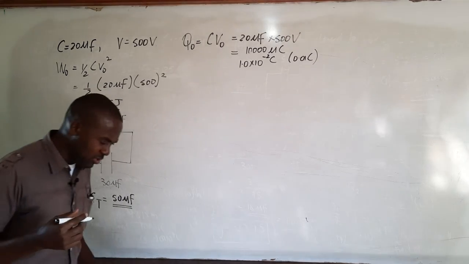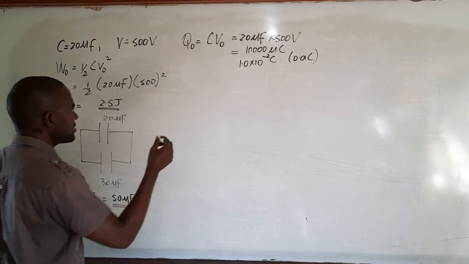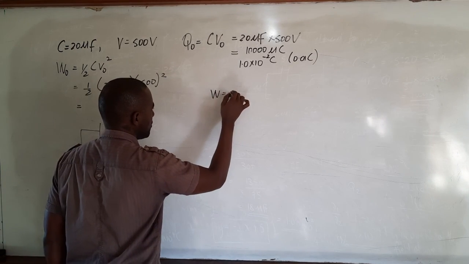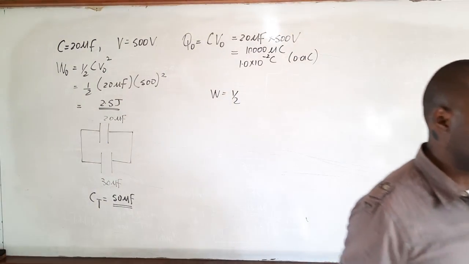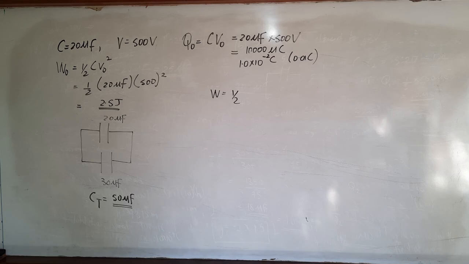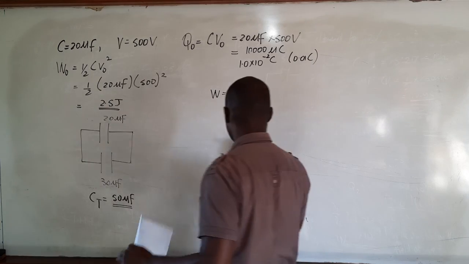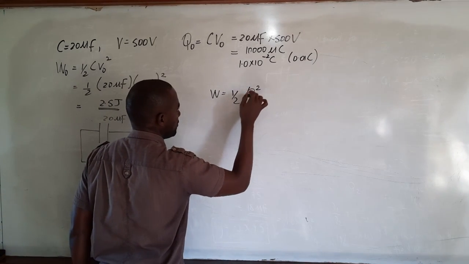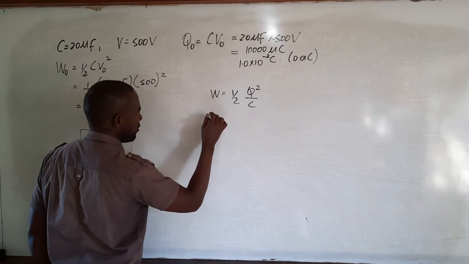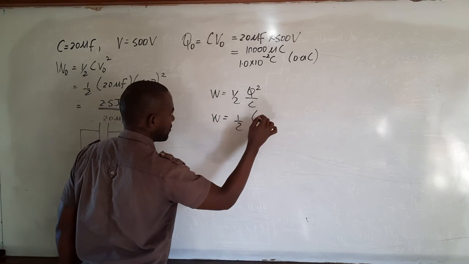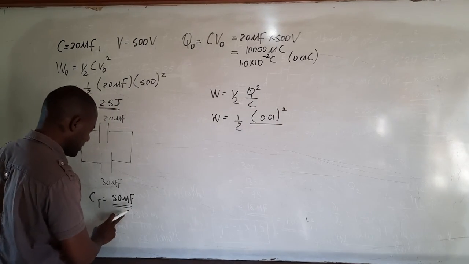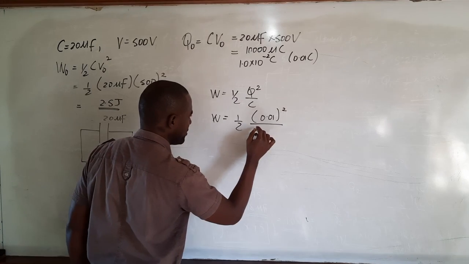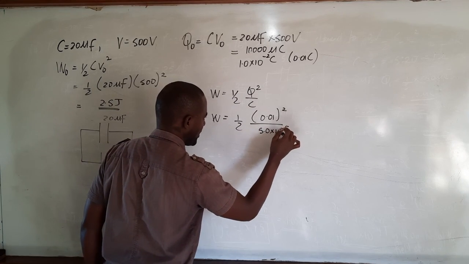However, we have other formulas we can use to find the total energy stored, and that formula is given by W is equal to a half Q squared over C. So the total energy stored is given by the formula a half Q squared over C. And so we have W is equal to a half times 0.01 squared divided by the total capacitance, which is 50 microfarads, or 5.0 times 10 to the minus 5.